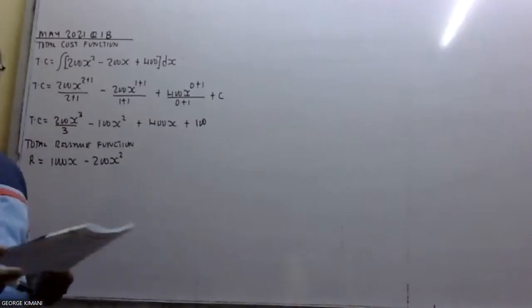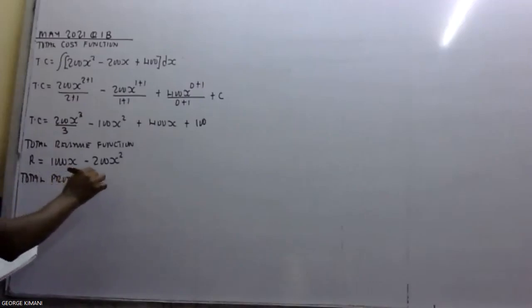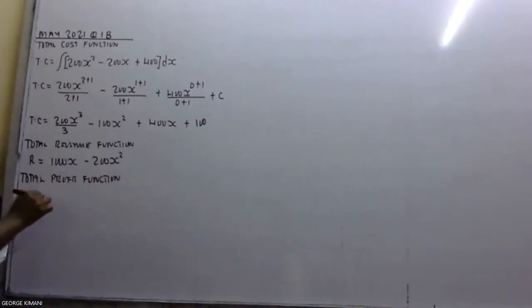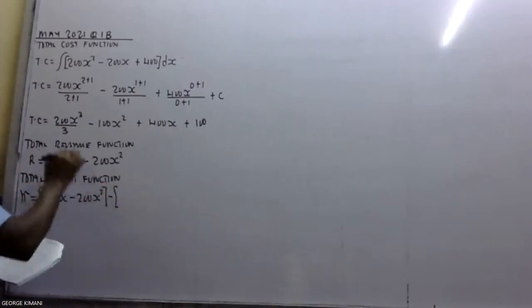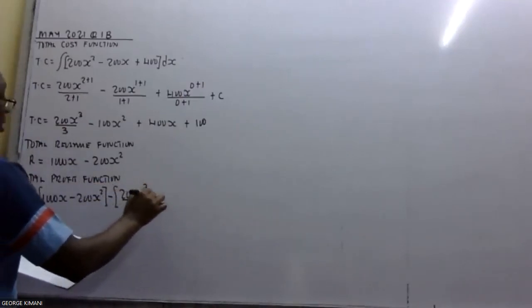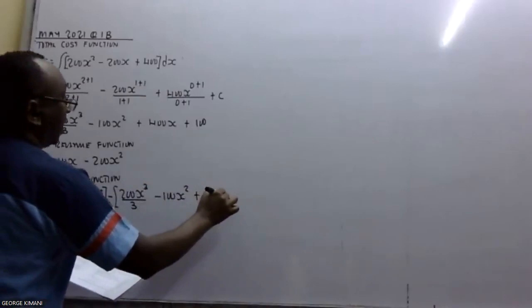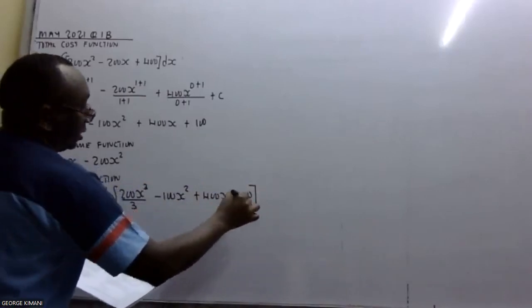So when they then proceed and tell us to get the total profit function, we will say pi is equal to 1,000x minus 200x squared, you minus 200x cubed over 3 minus 100x squared plus 400x plus 100.